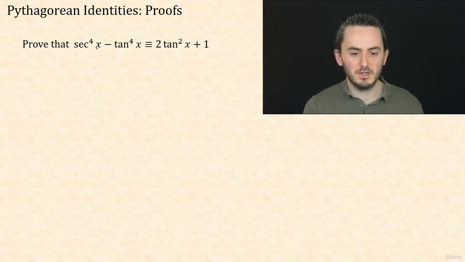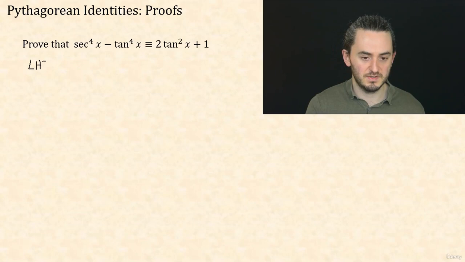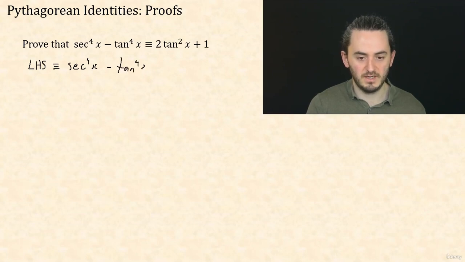So the first thing I'm going to notice is that sec to the 4x minus tan to the 4x is the difference of two squares. So have a look at this. The left-hand side is sec to the 4x minus tan to the 4x. So why is it the difference of two squares?